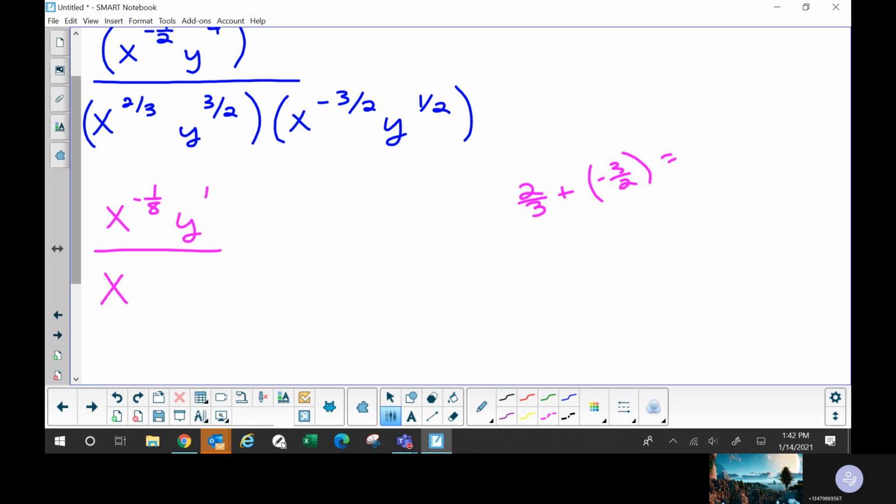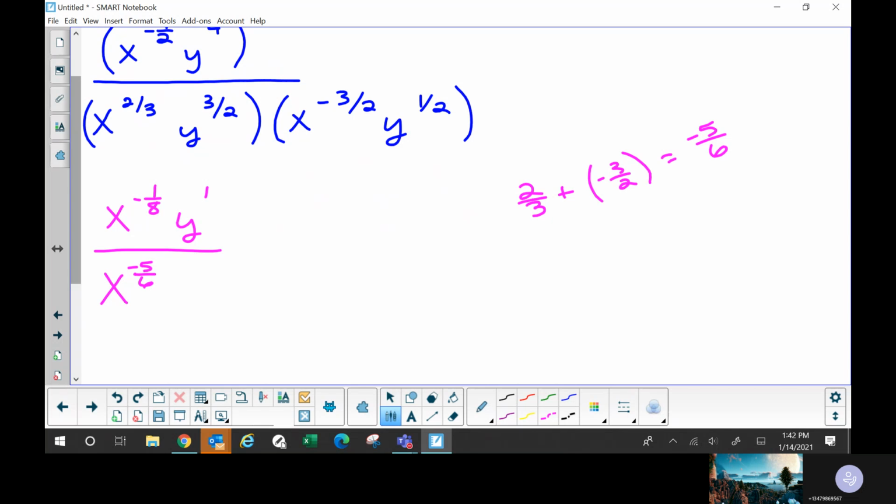When you do that, you should get -5/6, right? Check my work. Or you can just do 2/3 minus 3/2. You should get -5/6. Okay. So that exponent with the x is a -5/6.